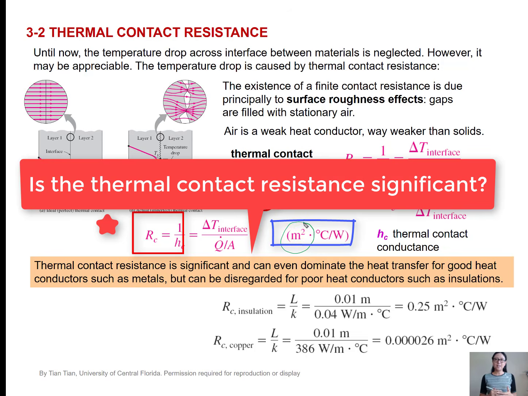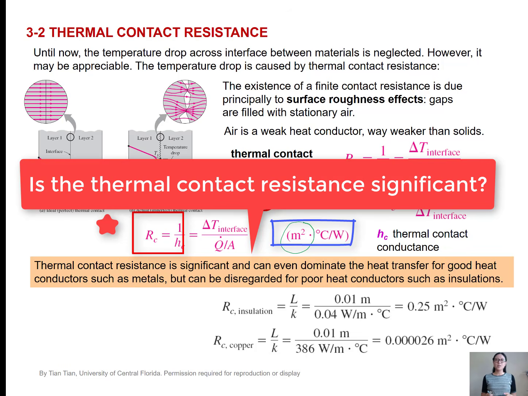Whenever we analyze the heat transfer in a medium consisting of two layers, we need to ask this question. Is the contact resistance significant? Does it make sense to ignore it? To answer this question, we need to compare the magnitudes of the thermal resistance of the layers with typical values of thermal contact resistance.